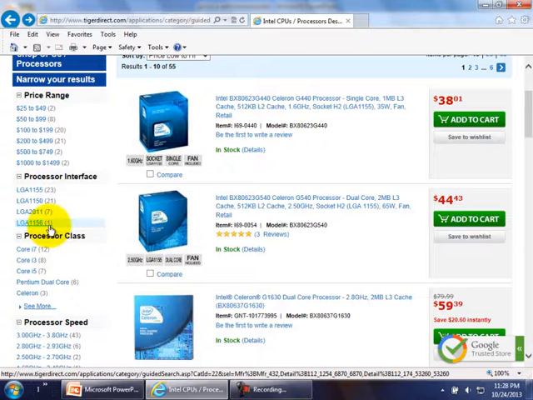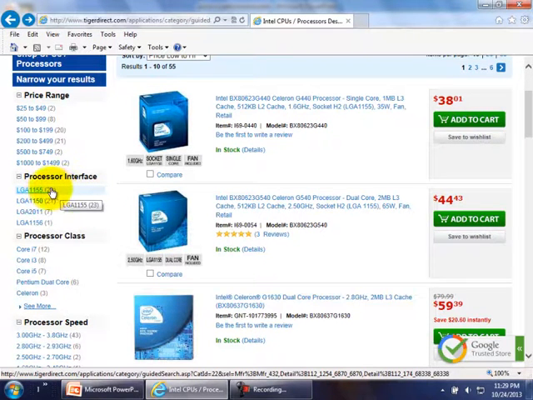Then they said, ooh, this is a big seller. Let's go to second generation of the next generation, and that was the LGA 1155. Why one less pin? Don't really know, but that's what they did. The third generation also uses this. The fourth generation uses the new LGA 1150 socket, so there's 5 less pins.